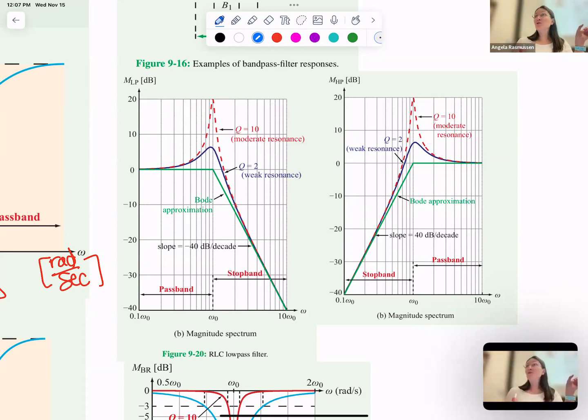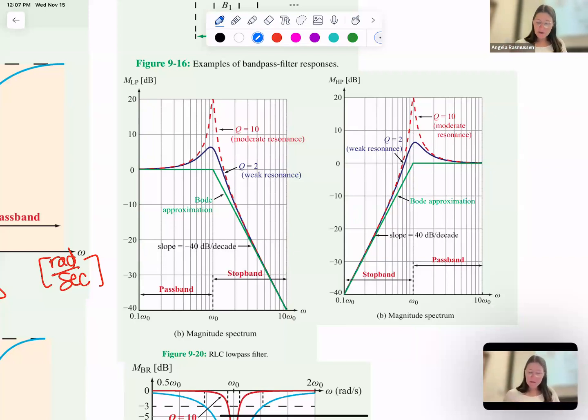For a low pass filter, that's not so great. For band pass you want that high Q, but for low pass you want it to just drop off quickly. So you want a low Q for low pass and a high Q for band pass. You want to take those into consideration.